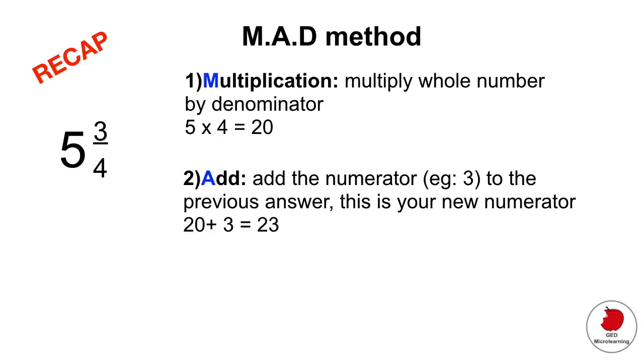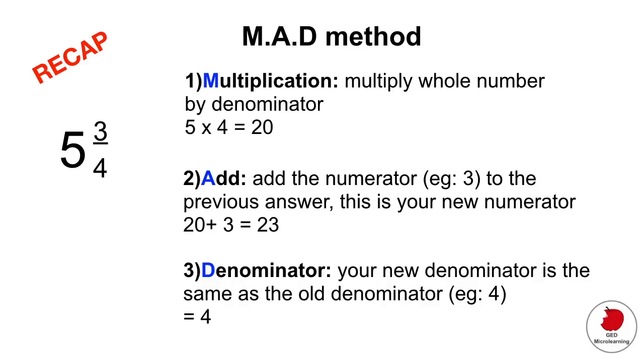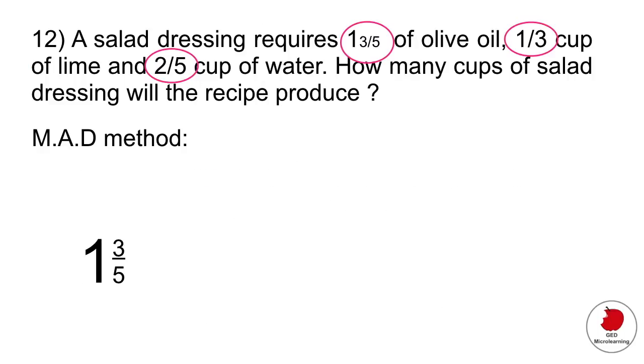And then finally, the denominator, this one's easy. Your new denominator is basically going to be the same as the old denominator, so in this case, it's 4. So this mixed number, 5 3/4, if you change it to an improper fraction, is 23 over 4. All right, so let's apply the MAD method to this number.